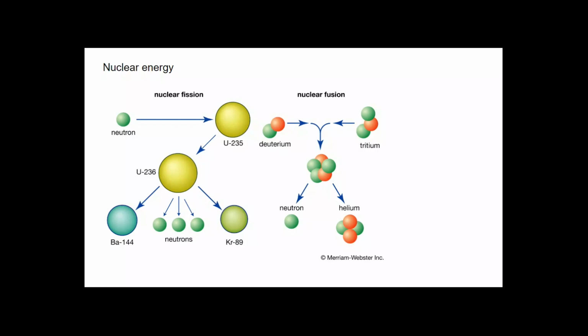Then there's fusion, where you have 2 nuclei, and they come together to form a larger nucleus. For example, we encounter that in the sun, where hydrogen atoms come together to form helium. That's an example of nuclear fusion. And nuclear fusion also gives off a lot of heat.